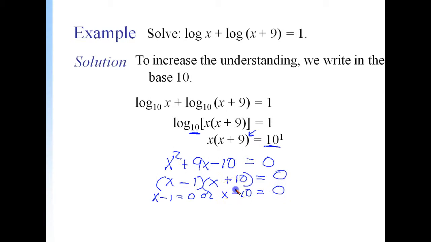Yes, that's much better. Watch the signs, because that's going to make a major difference. You'll see here in a moment. X equals a positive 1. X equals a negative 10.